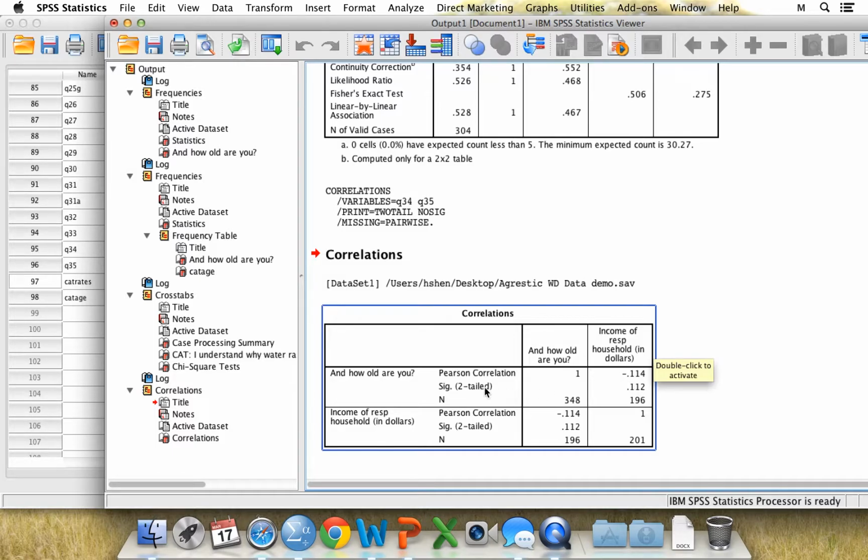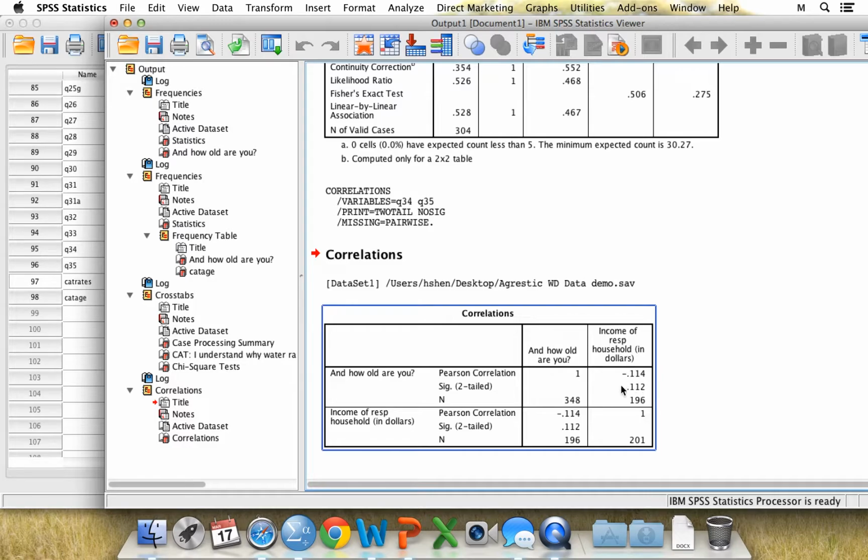I look at the table, I first look at the sig value. Again, it's 0.112. That means 88.8% of the time, the relationship is significant. So we want it to be 95.